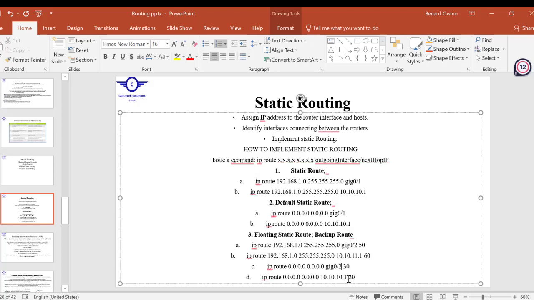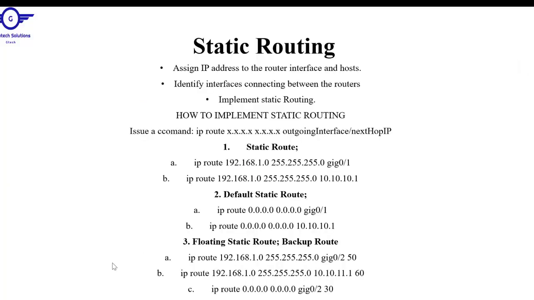That one should not be the same at all. 11 dot something, yeah, something like this. So what should be the same here actually is just the network that is being advertised from here to here. But this one and this one should never be the same.